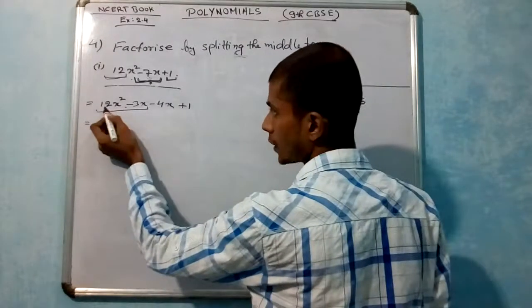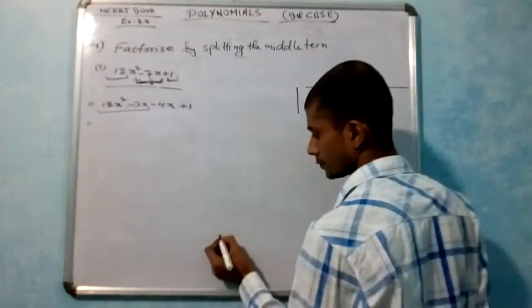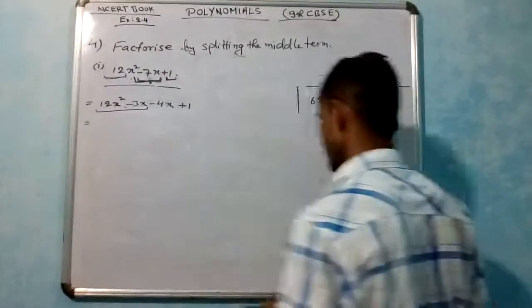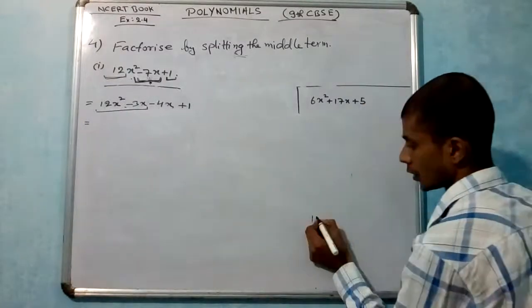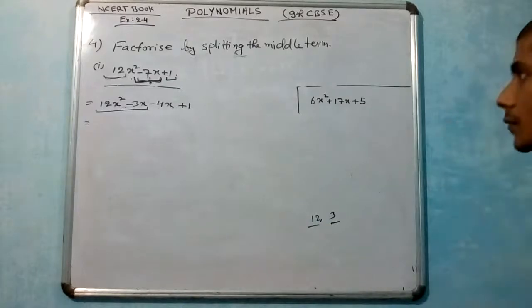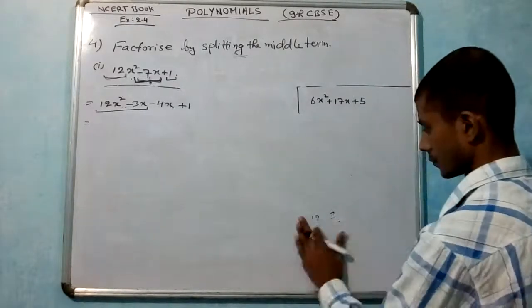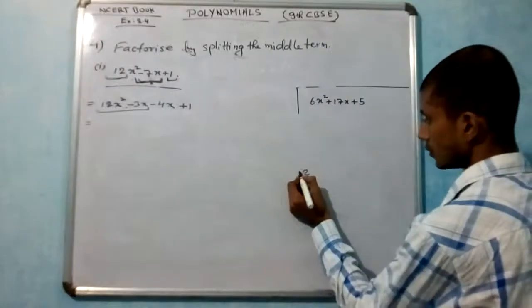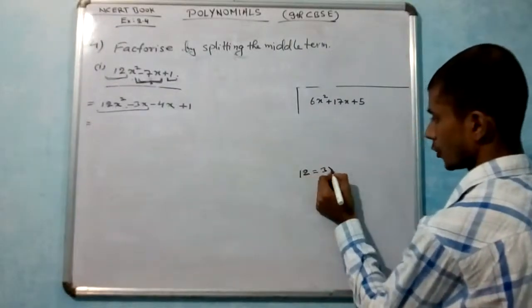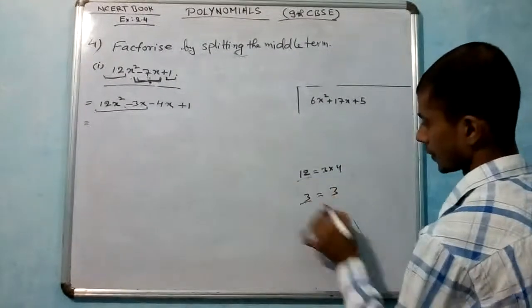So what is common in 12 and 3? 12 is 3 into 4 and 3 is 3.